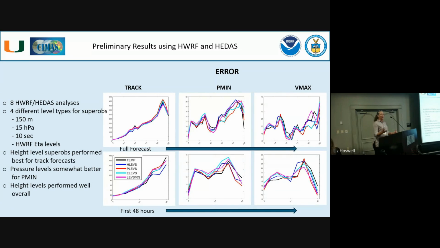And so here are just some of the basic statistics for that, for the entire forecast length on top and the first 48 hours on the bottom, where you'd expect the dropsonde data to have the most impact.